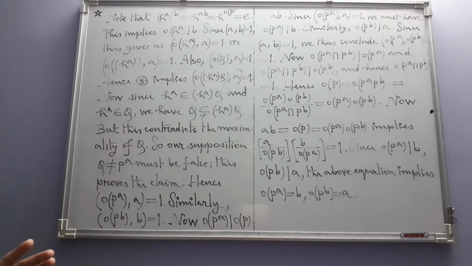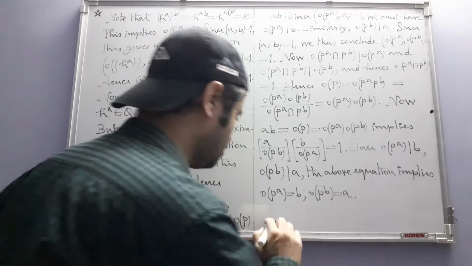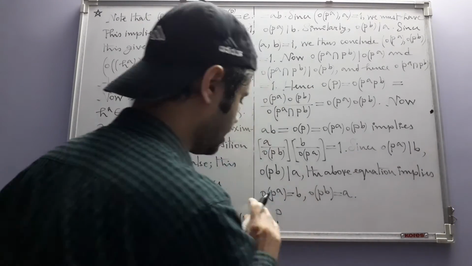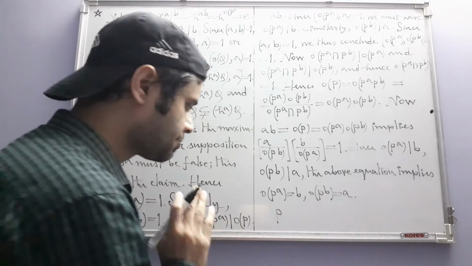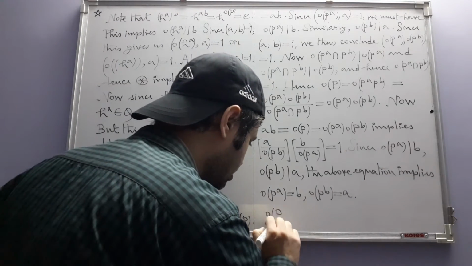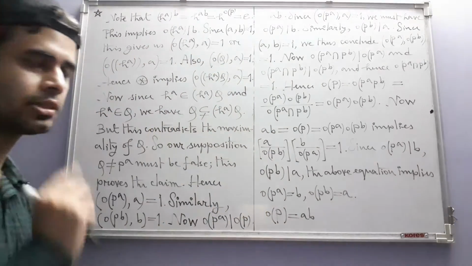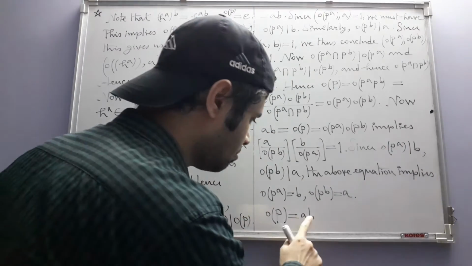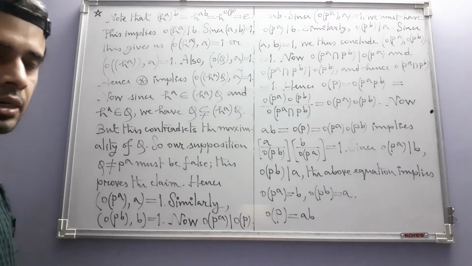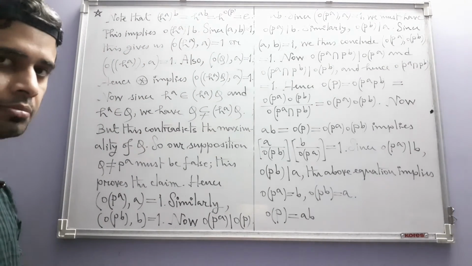Okay, now we can say what we have achieved. P is an abelian group which is finite such that its order is expressible as a product of two positive integers, both of which are greater than 1 and they are relatively prime.